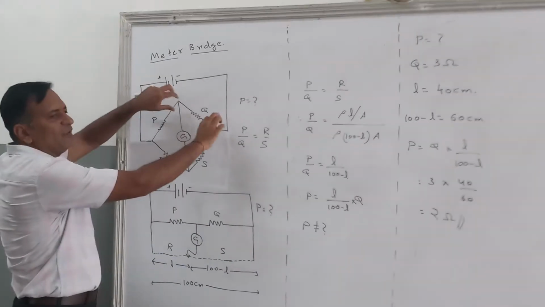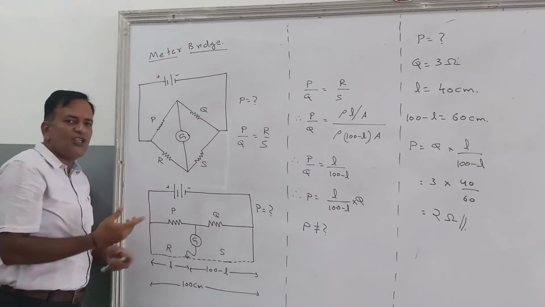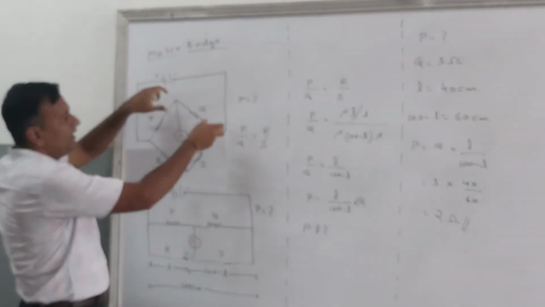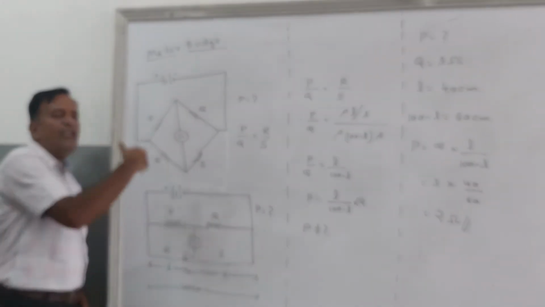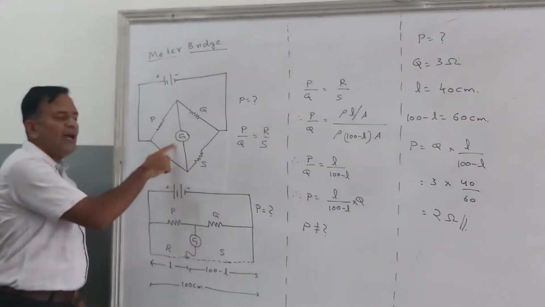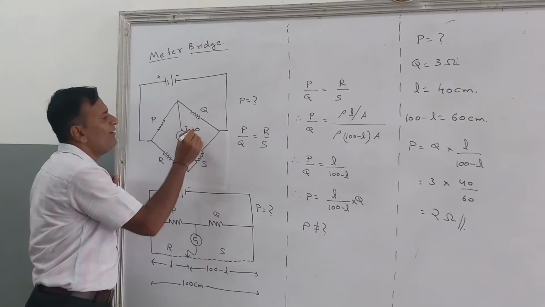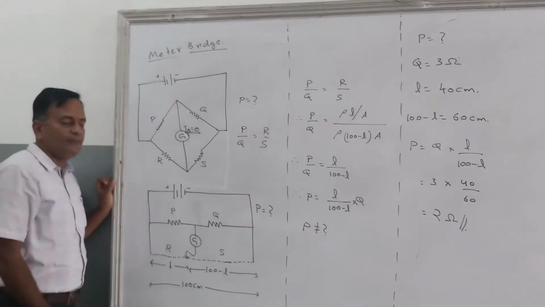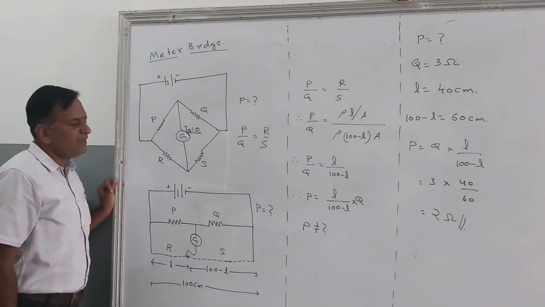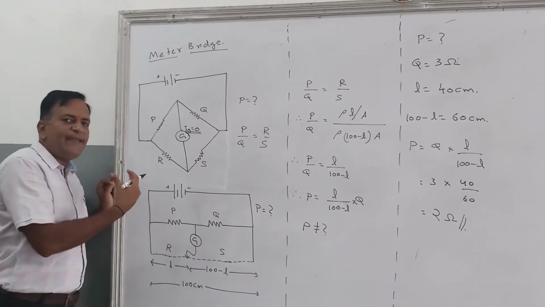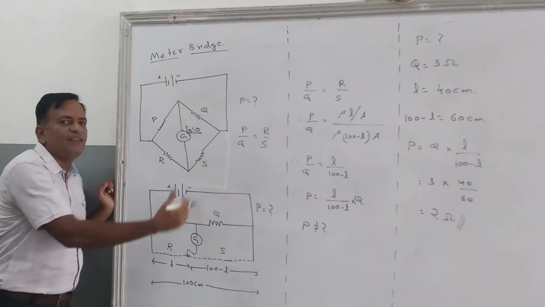You have to unscrew this, put a new resistor, screw it again. If balance is not coming, unscrew it again, remove it, add a new resistor, screw it again, and you have to do this till the bridge becomes balanced. That means till the current in the galvanometer becomes 0. Right? Now this is a very tedious process, and to make it a bit easy, this bridge is modified.